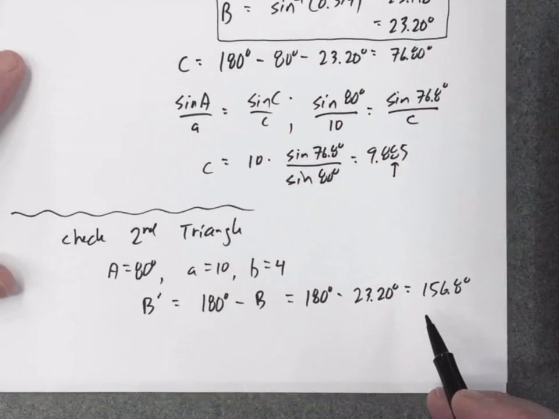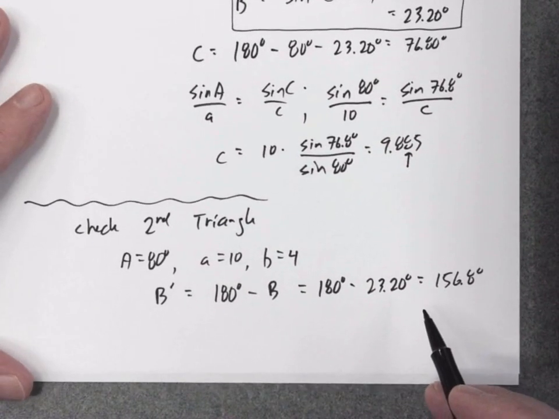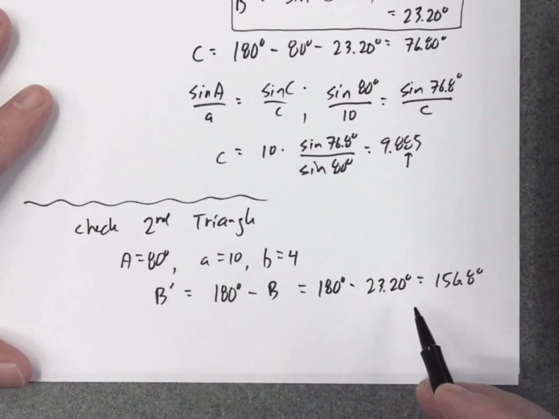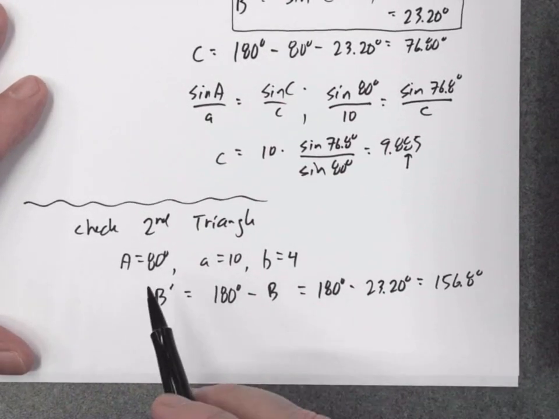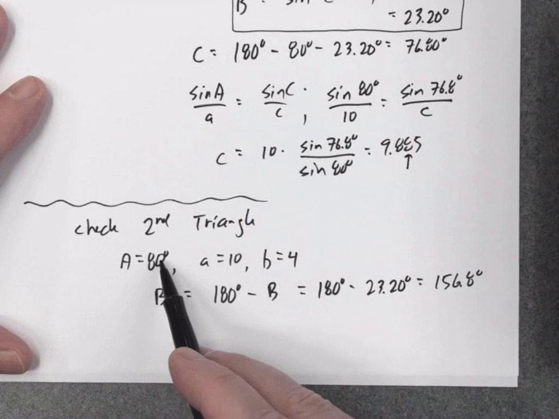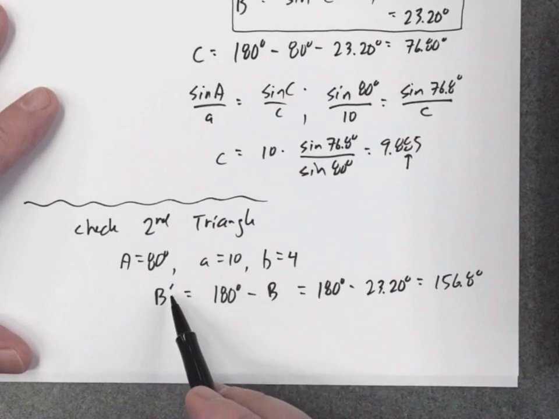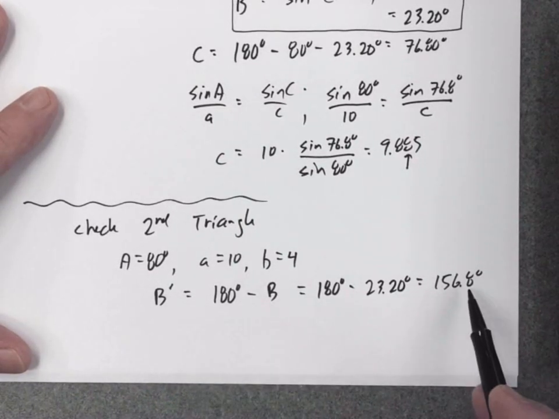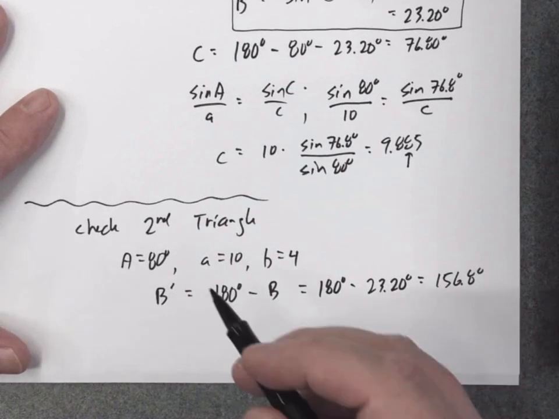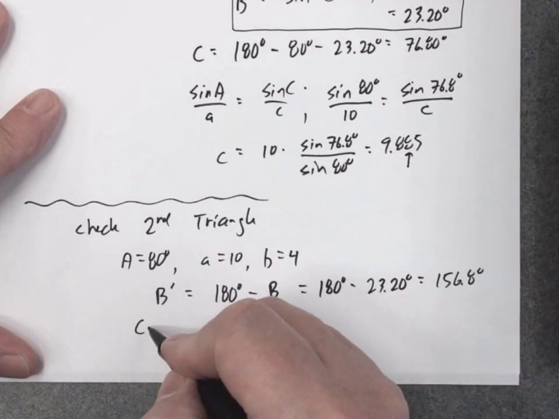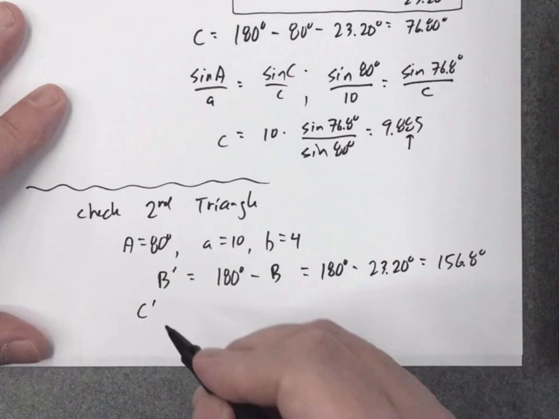Now at this point, I'm still not sure there is a second triangle. The next step will actually determine if there's a second triangle. So for my second triangle, I know angle A is 80. I know if there is a second triangle, angle B is 156.8. Let's go ahead and calculate angle C of my new triangle.